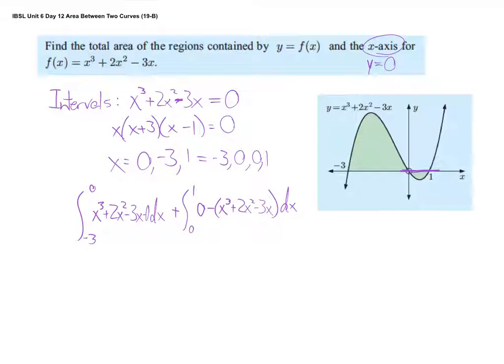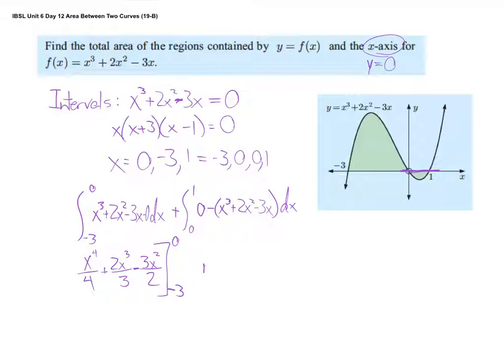So, at this point, we integrate both of these. x to the 4th over 4 plus 2x cubed over 3 minus 3x squared over 2. We're going to evaluate that from -3 to 0.